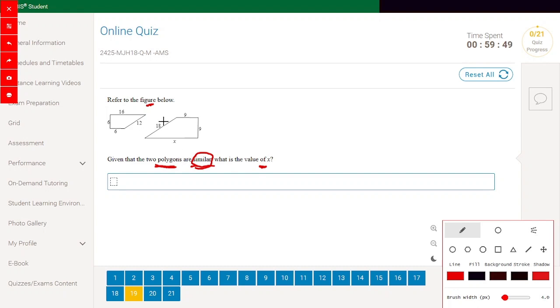So we have this shape with this shape. So let's say this is polygon 1 and this is polygon 2. Okay? So this side is 18. So 18 divided by this side 12 will be equal. And this side is x, right? Similar to this side, 16, will be equal to x divided by 16.